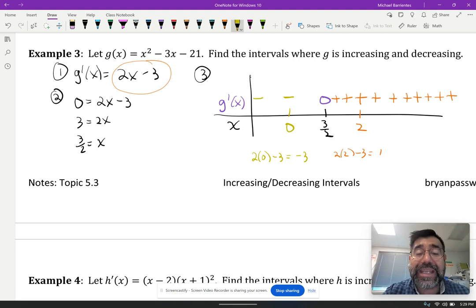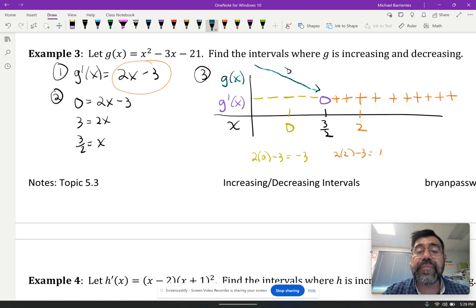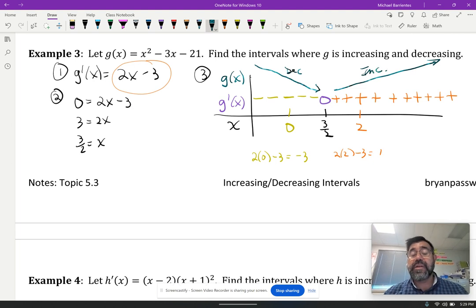So anything on this side produces a negative derivative. So what does this tell me? This tells me that the original function, g of x, is decreasing, and then it's increasing around x equals 3 halves.